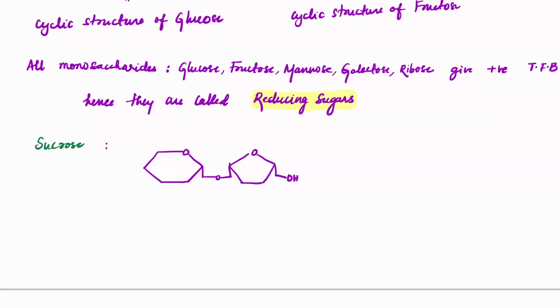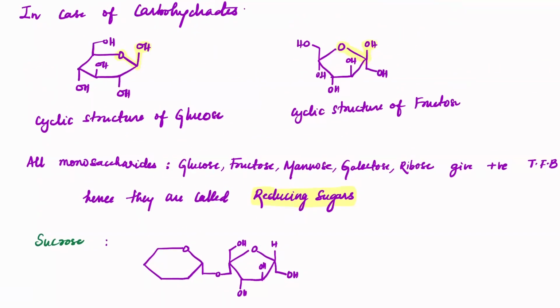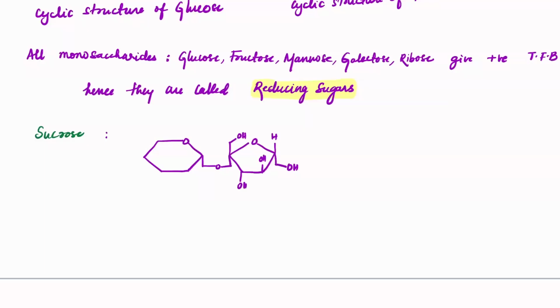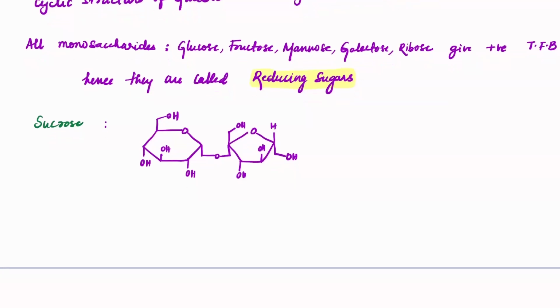Here we have OH, OH, and OH. This way, and H here. Sorry, earlier I had to write H here. So here we have OH, OH, OH, and OH. So this is how the sucrose structure looks like.